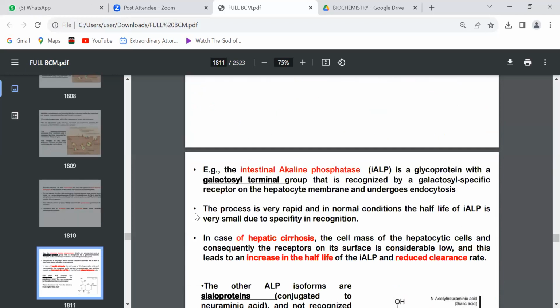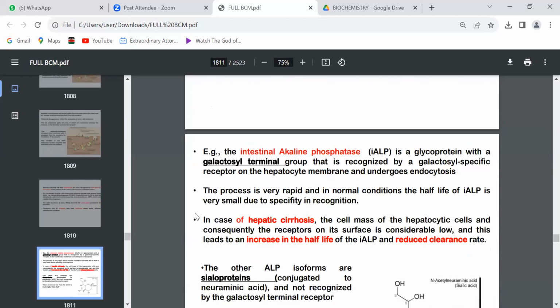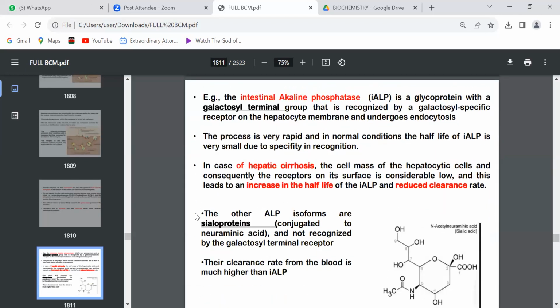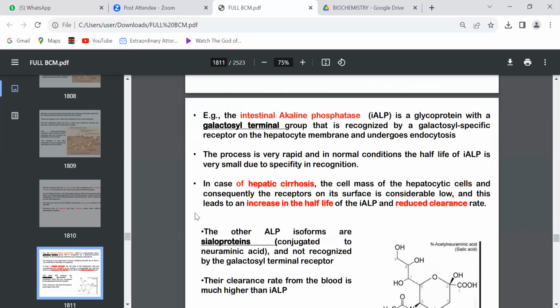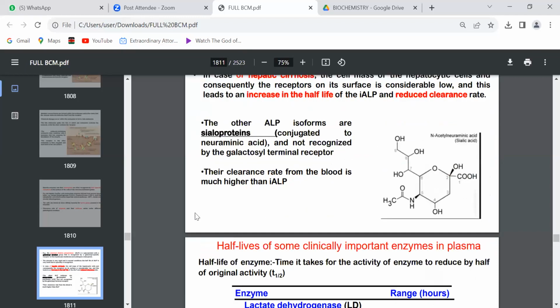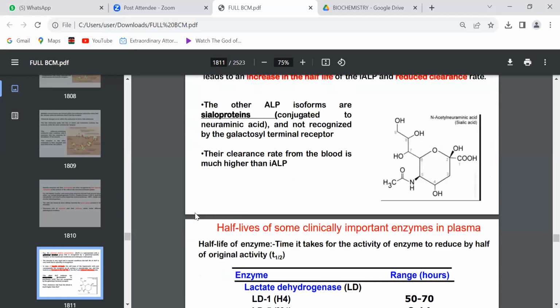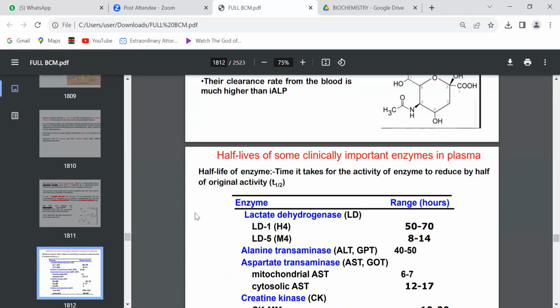So basically, that's the general, the basics of clinical enzymology. Then now you just need to check the specific things. But for an enzyme to be used, whether for diagnosis or therapeutics or whatever, we need it to have a longer half-life, because if it has a very short half-life, then even when you measure its levels in plasma, they will have reduced by the time you take the measurement.